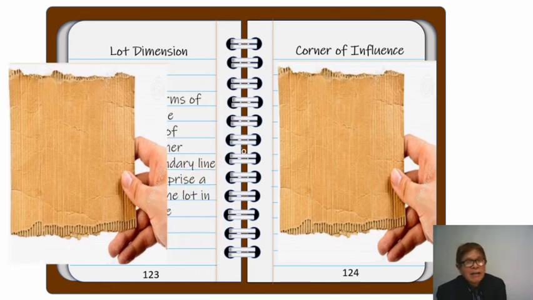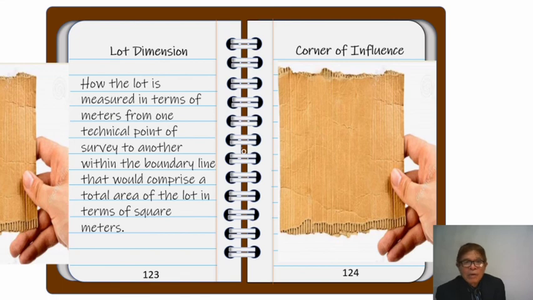But there are irregular lots, so we can define lot dimension as how the lot is measured in terms of meters from one technical point of a survey to another within the boundary line that would comprise a total area of the lot in terms of square meters.